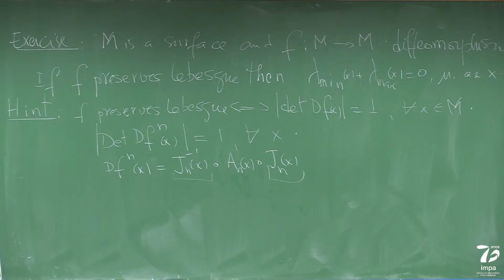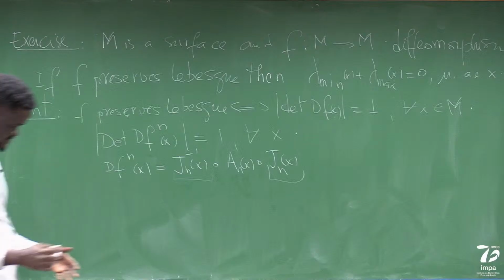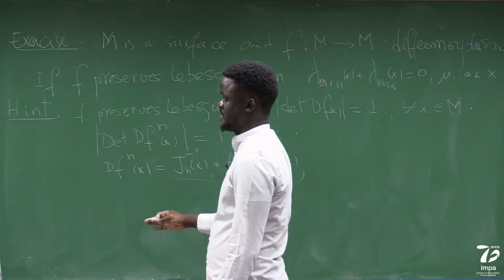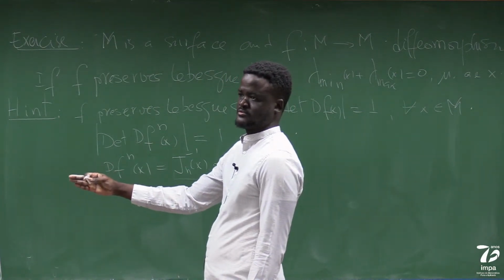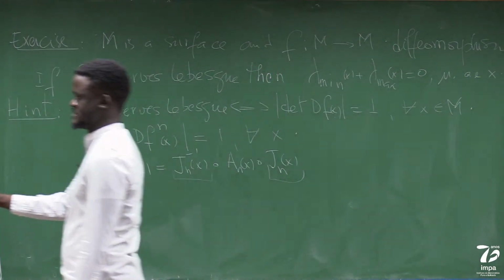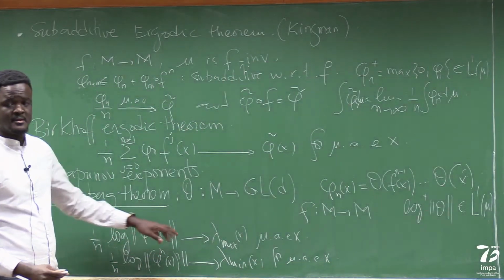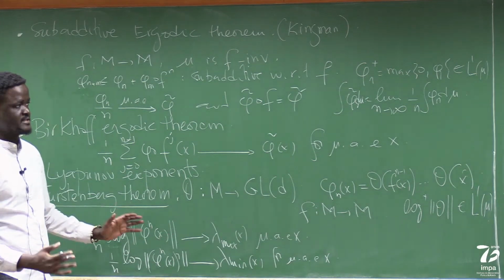There is one property about Lyapunov exponents that I will write as a remark, just to explain what I'm saying. The Lyapunov exponent doesn't depend on the norm you choose. See that here I choose a norm, but if you take another norm that is equivalent to this, you get the same Lyapunov exponents.